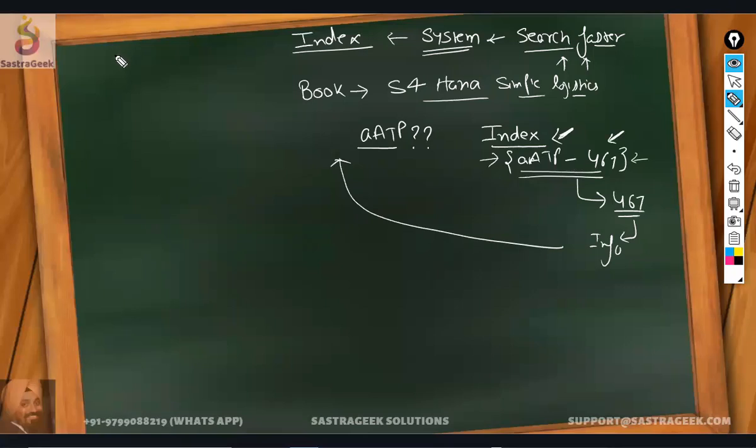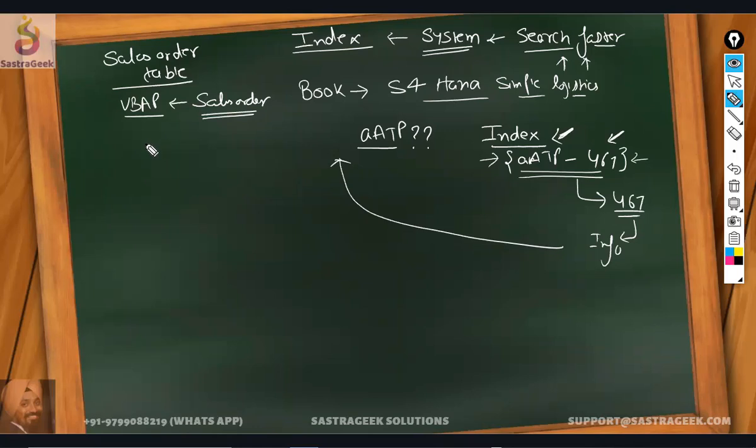Let's say, as an example, your sales order table, the VBAP table. The primary key fields are your sales order and item number.